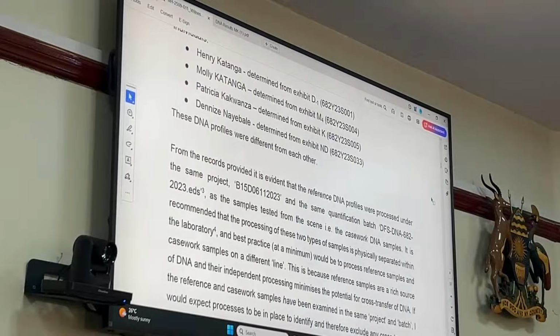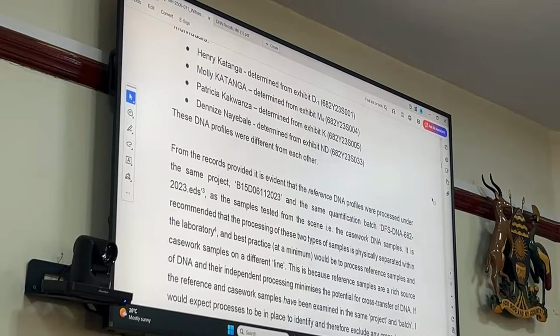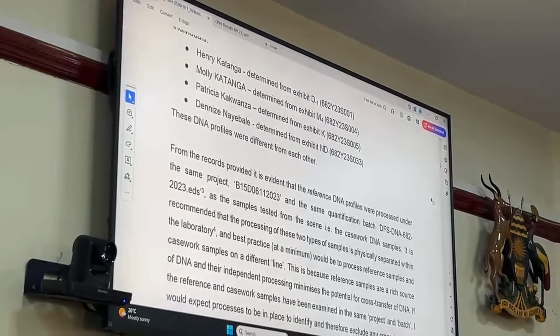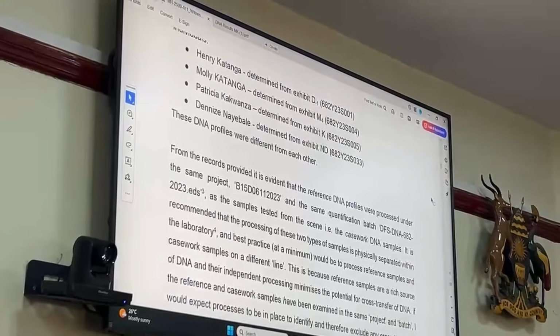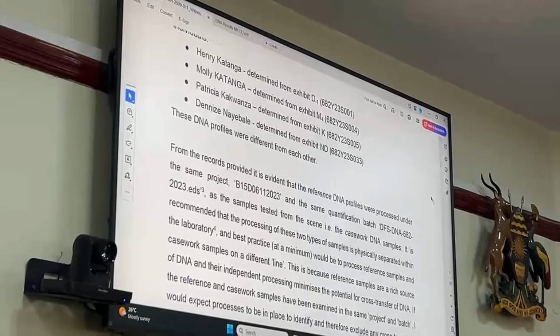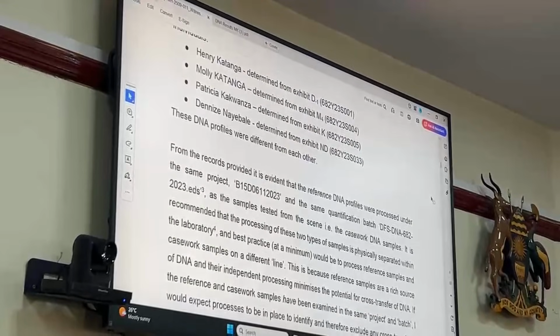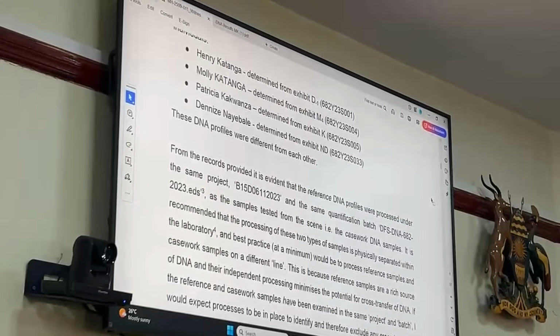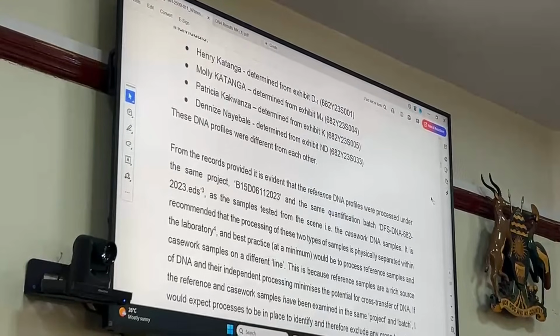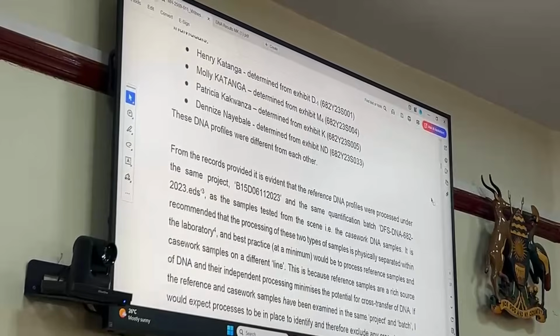Why do you think this is extremely poor laboratory practice? By their very nature, a reference DNA profile would have very high levels of DNA present. And by a reference profile, what do you mean? This will be a sample from a known individual.